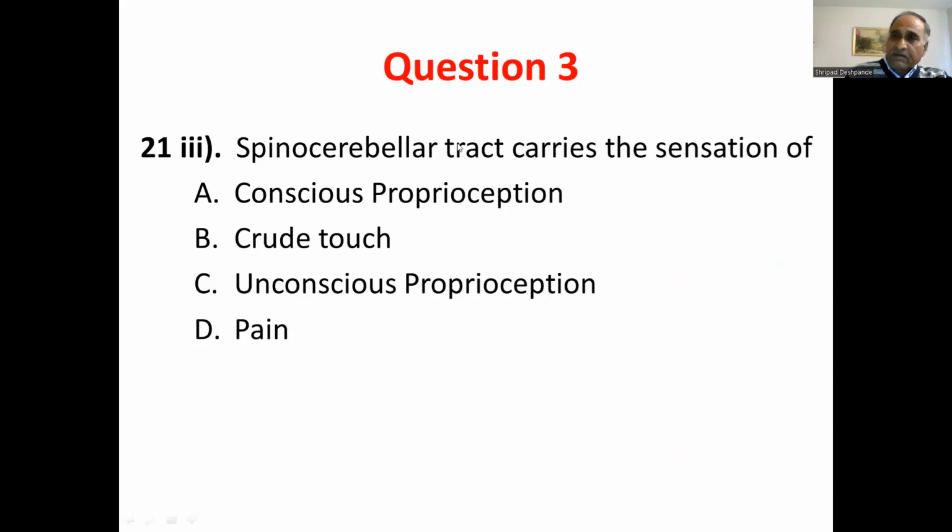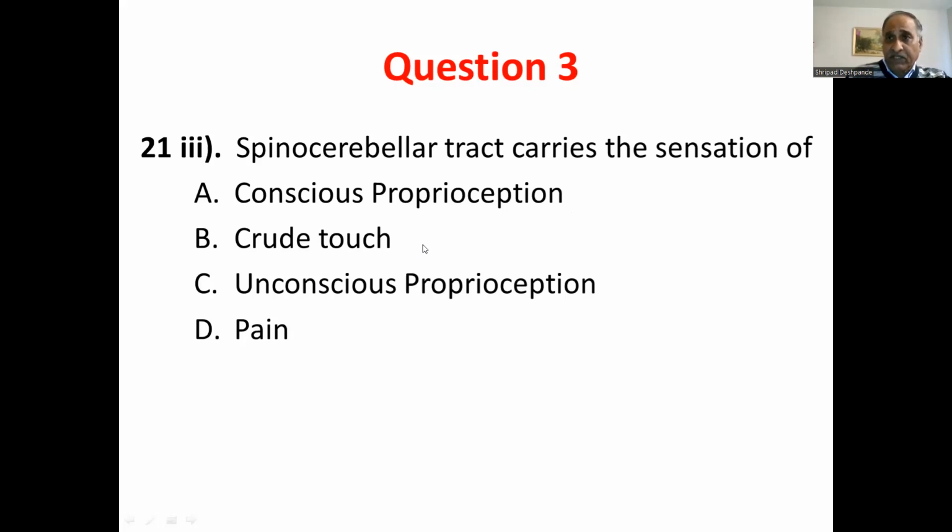The spinocerebellar tract is concerned with position sense while doing an action, so it should be proprioception. So it is not crude touch. Crude touch is carried by the anterior or anterolateral spinothalamic tract.